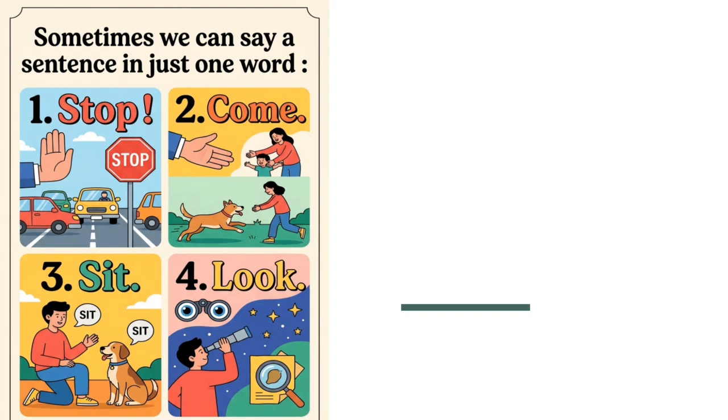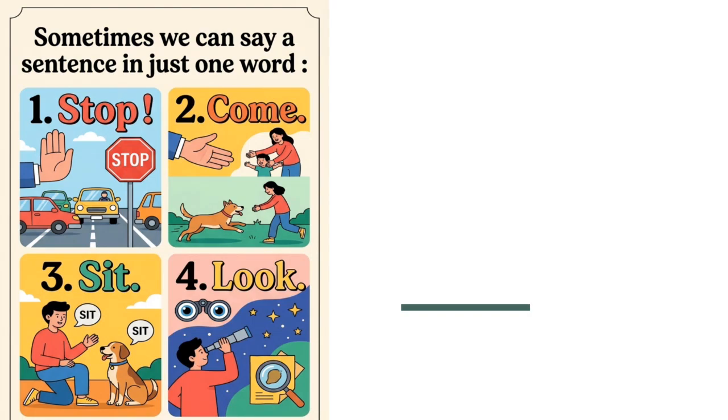For example, if I look at you and say stop, it means you stop. If I say come, it means you come. So, words like go, sit, listen are not just words. They are fully powerful words, one word sentences, because they give a complete meaning on their own.